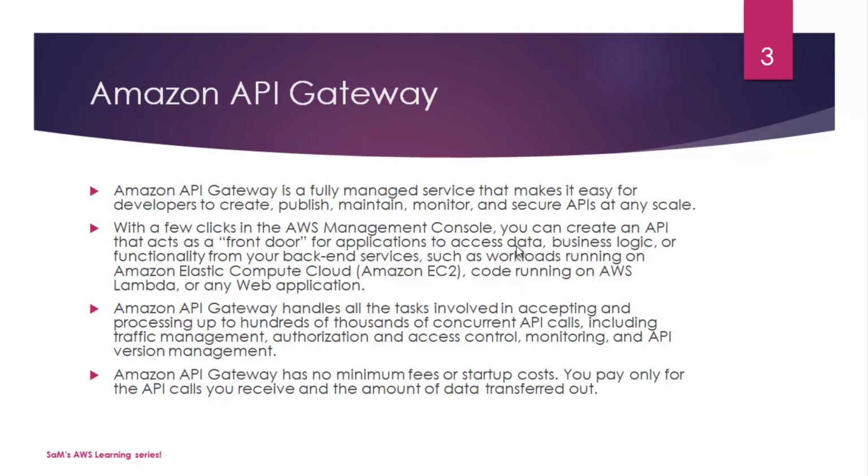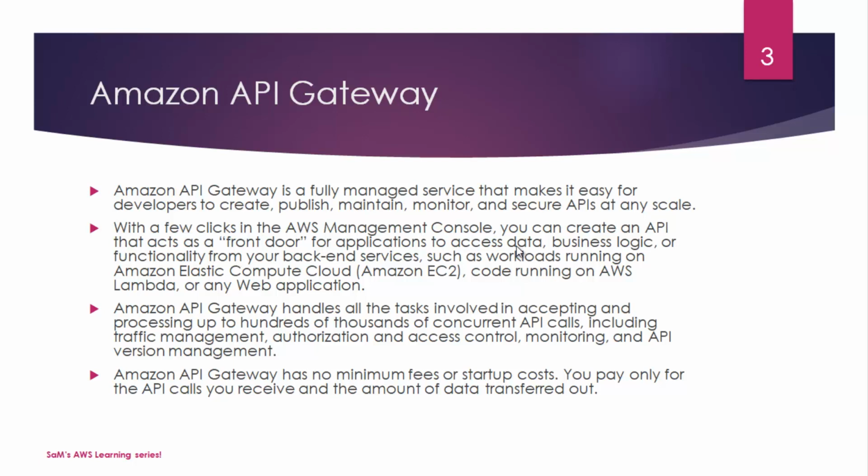With a few clicks in the AWS Management Console, you will be able to create an API that acts as a front door for applications to access data, business logic or functionality from your backend services, such as workloads running on Amazon Elastic Compute Cloud EC2, code running on AWS Lambda or any web application.